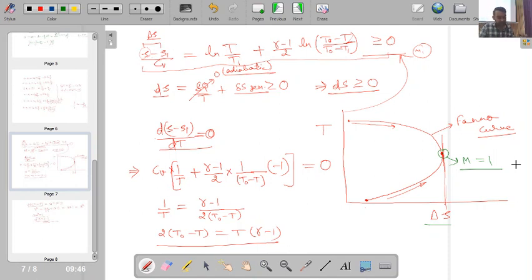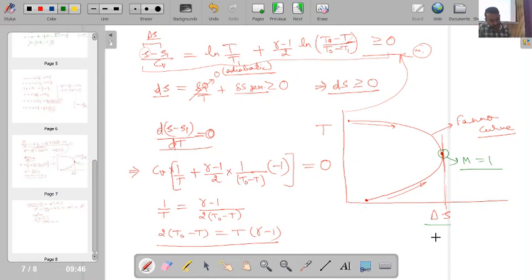If at some point in the intermediate zone Mach number becomes 1, and after that point you expect the flow to progress further, something else will happen, because entropy has reached its maximum limit and if you go further, entropy cannot decrease. I will discuss this point in more detail.